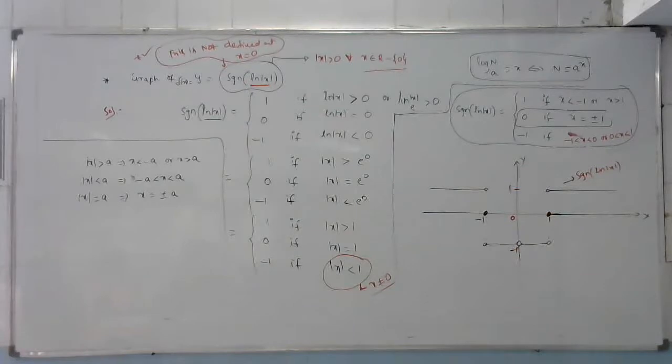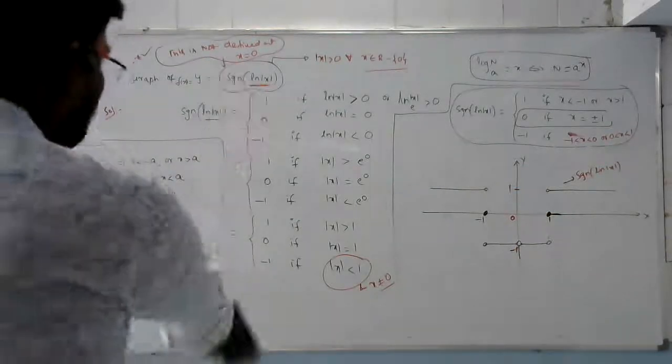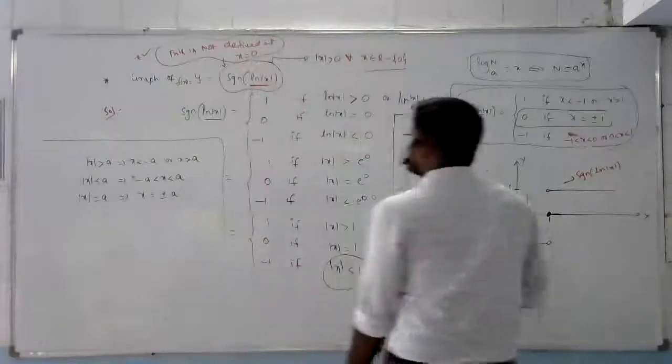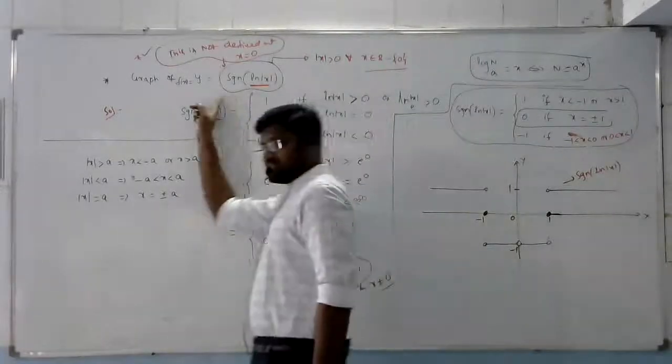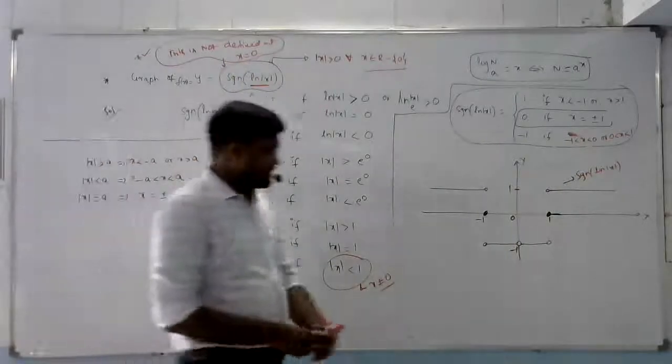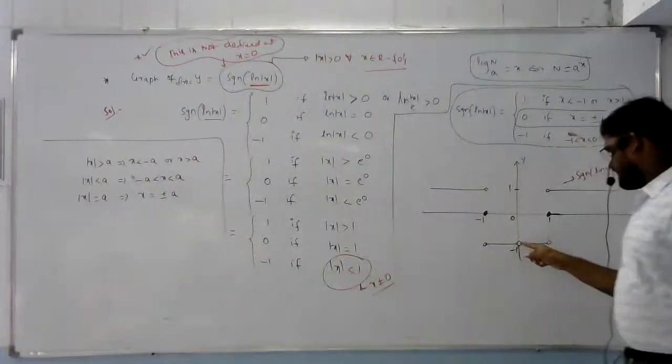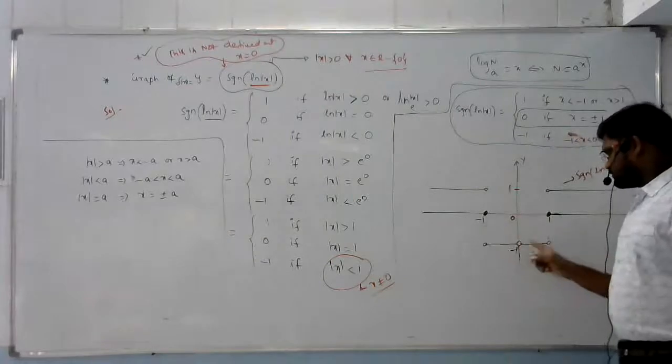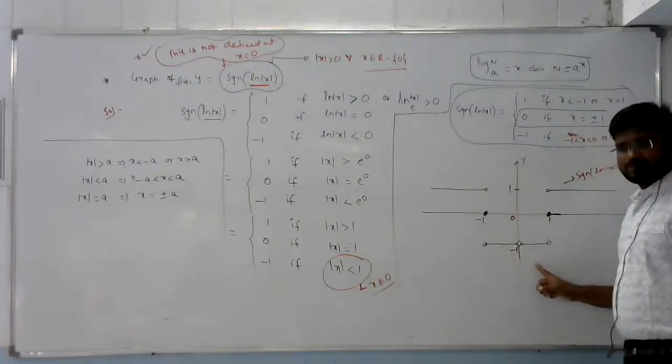Rohini K. Please repeat why was their graph wrong. Okay. Rohini, observe. I hope you understood this. This graph is not defined at x equals to 0. So in the previous graph, I have written directly minus 1 to 1, it is equals to minus 1.